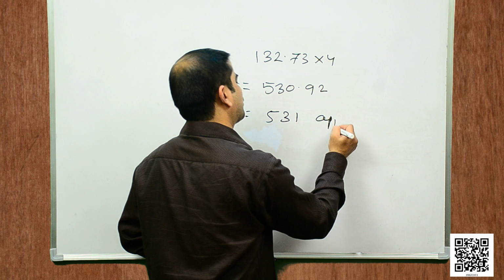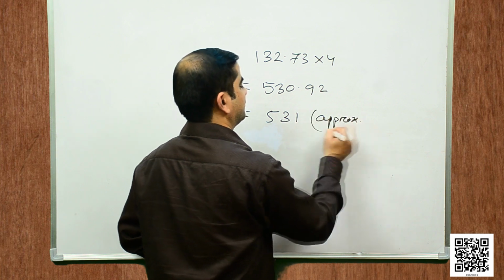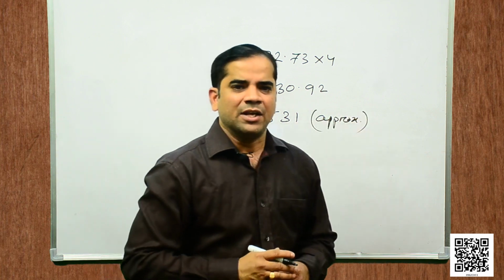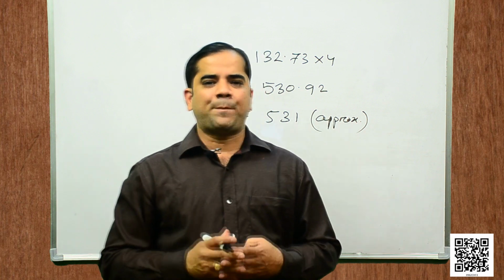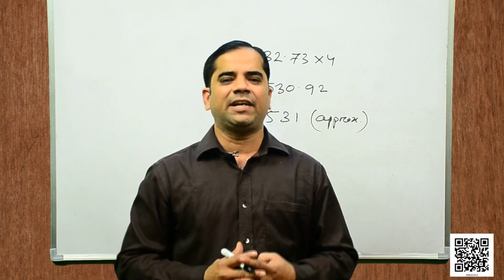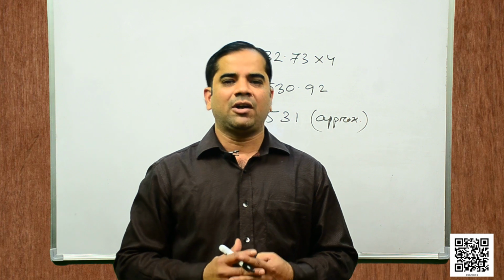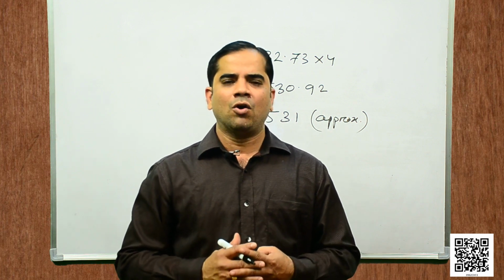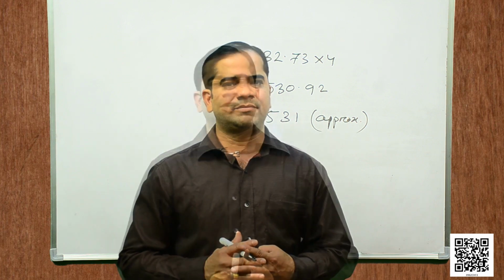It is an approximate value. Okay. So, there would be approximately 531 grains of corn on the cob. Okay. Hope you understand the example.